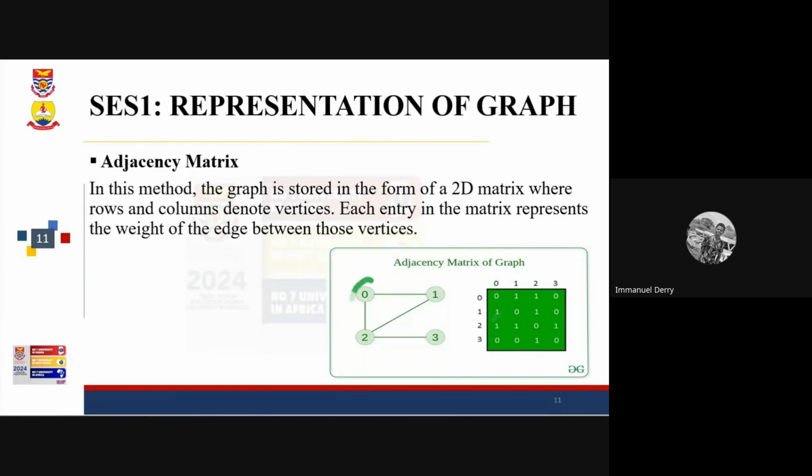However, if 0 to 1 had a direction, it means we can move in one direction and cannot move in the opposite. So 0 to 1 is going to give us 1, however 1 to 0 is going to give us 0, because we cannot move in the opposite direction in a directed graph.